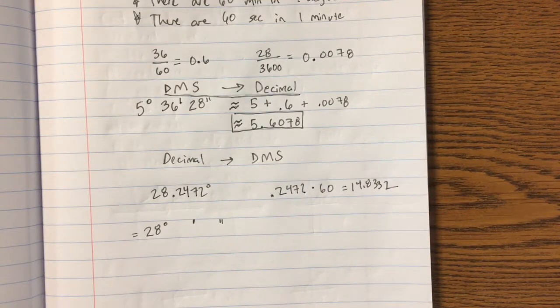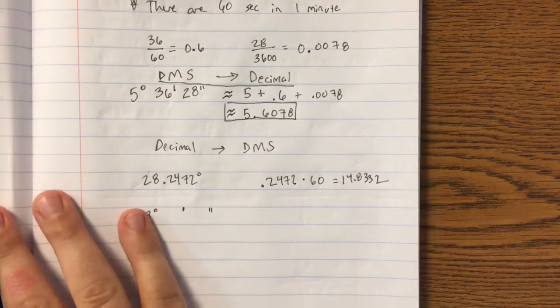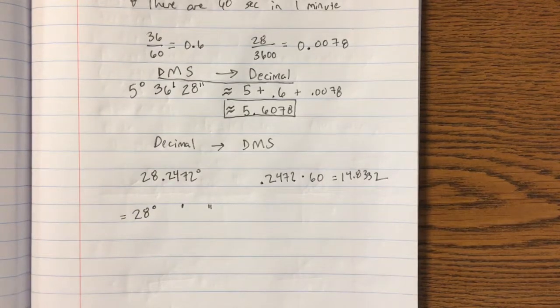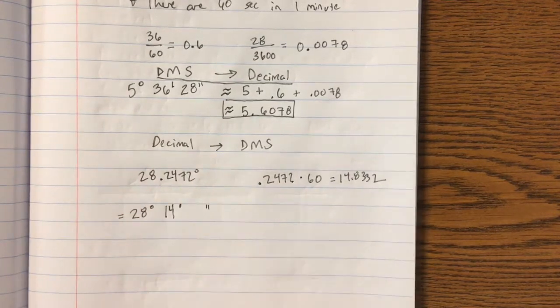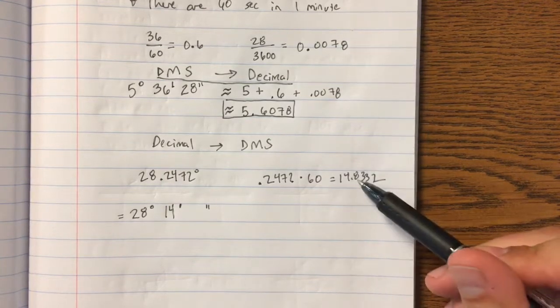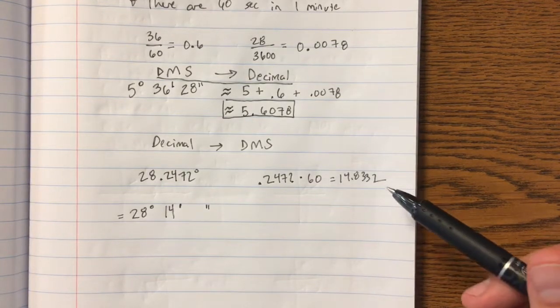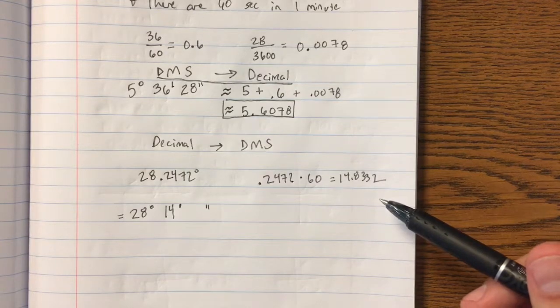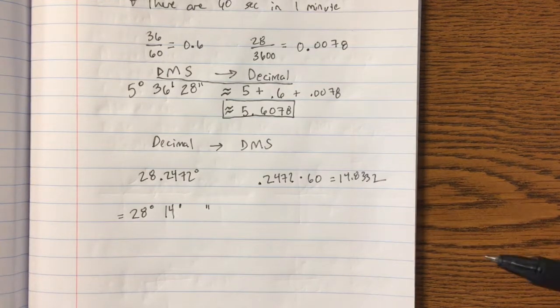The only reason I know that is because I already did that calculation. Okay, so what does this tell us? Well, what do I know now? 14 minutes, and some fraction of a minute is left over, right? This 0.8332 is not a full minute, but it's some number of seconds.